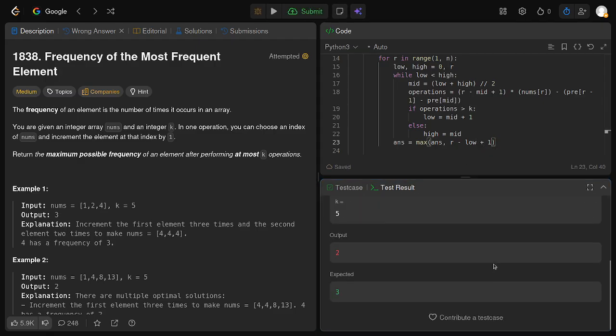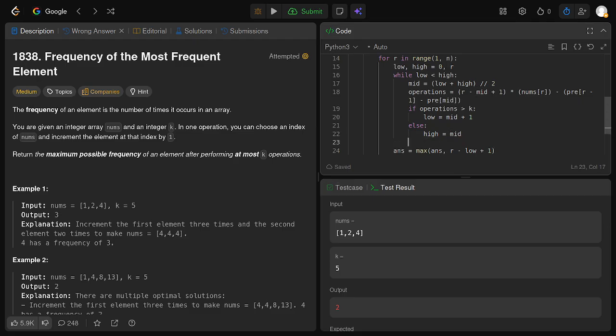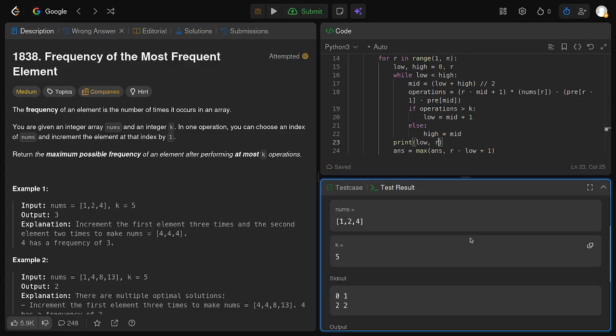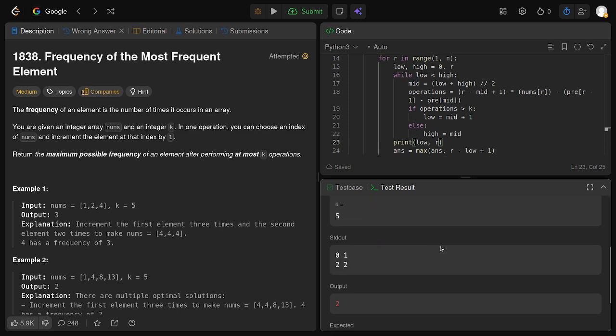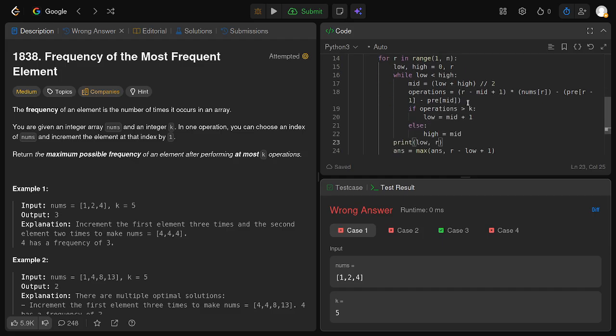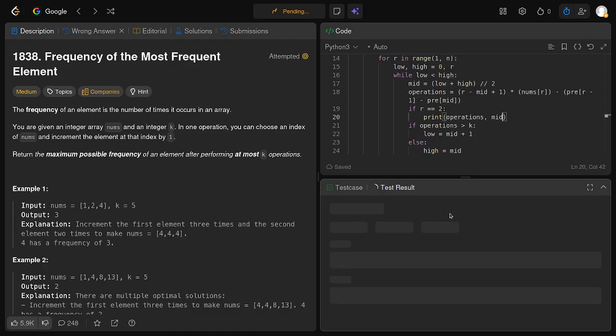Okay, let's see, print low, R. 0, 1 and 2, 2. Why is that? If R is 2, print operations, mid.